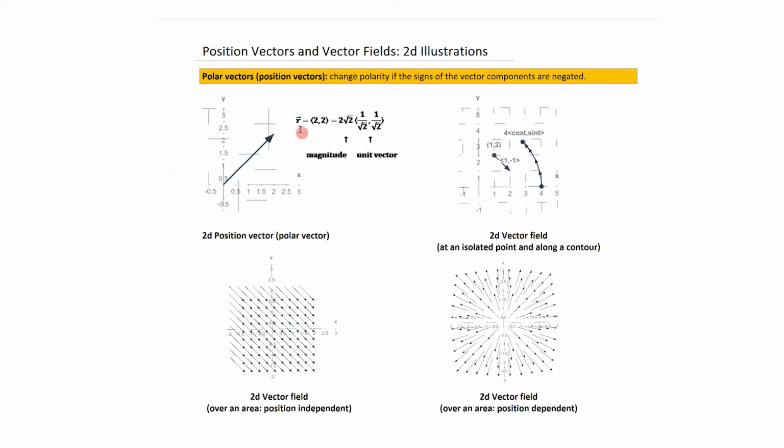So for example here, I can write it in this form. These basically are angled brackets to represent vector notation. So this is the x component and the y component. And if you were to graph it, you would find you end up with a vector that looks like that. But typically we'd like to take this and recast it in terms of a unit vector and a magnitude of the vector.